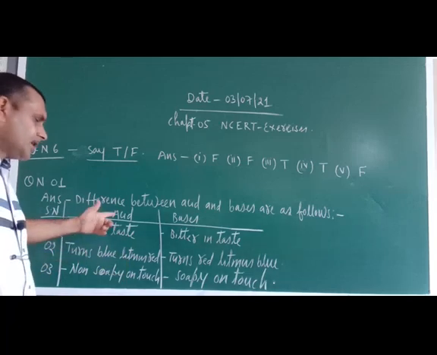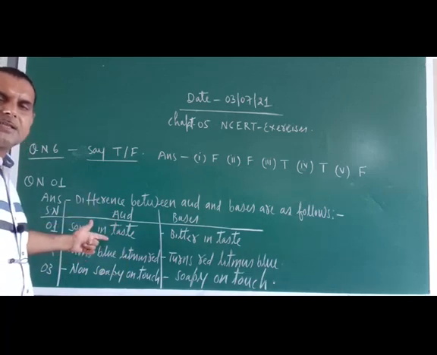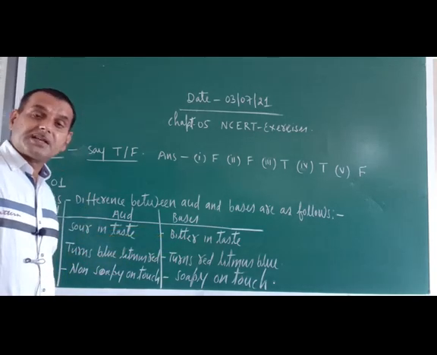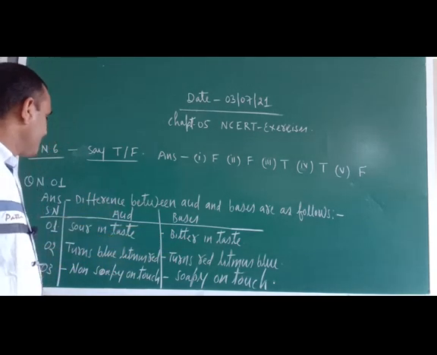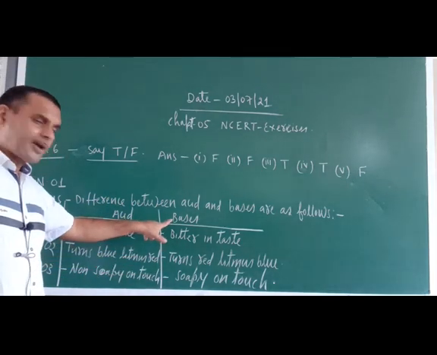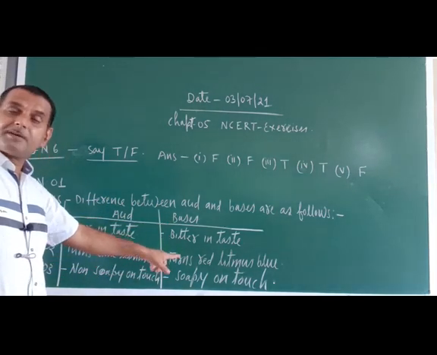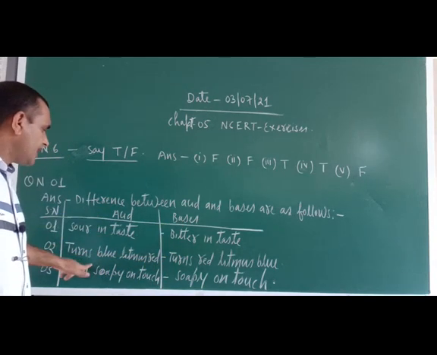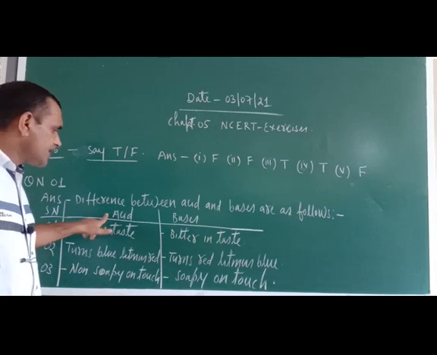I wrote 3. Acids are the substances which are sour in taste. Bases are the substances which are bitter in taste. Acid turns blue litmus red. Bases turn red litmus blue. Now you can write further also. Red litmus remains red in acidic medium.